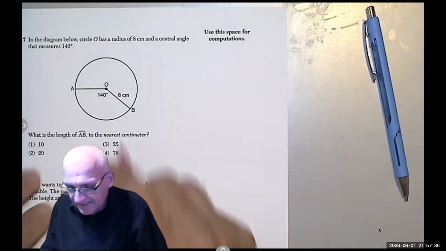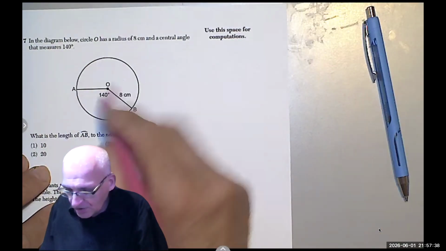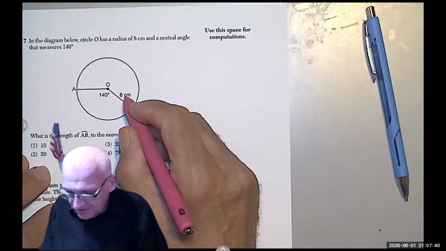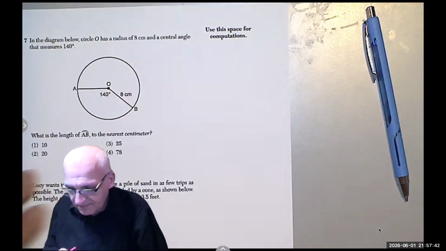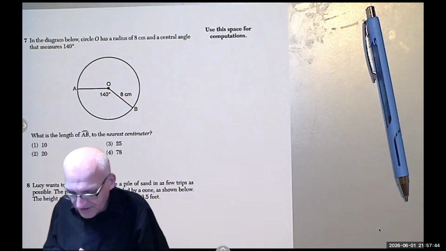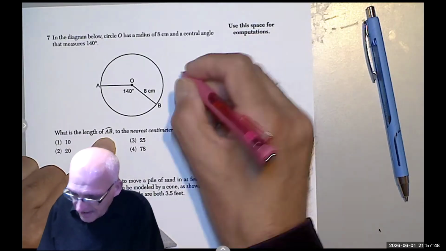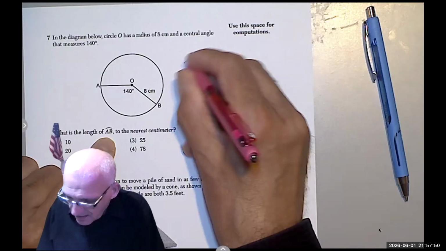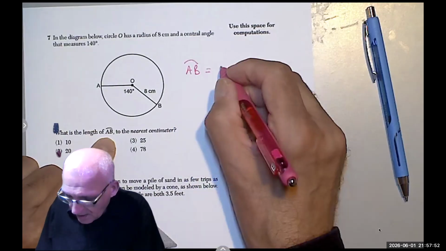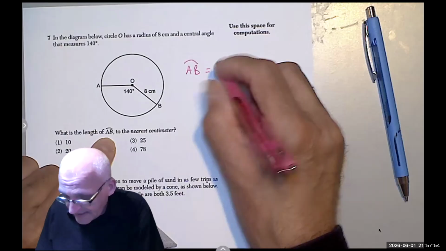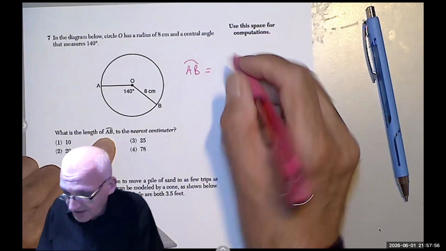Next one, in the diagram below, circle O has a radius of 8 centimeters and a central angle measures 140 degrees. What is the length of arc AB? We know that arc AB should equal r theta in radians, right?